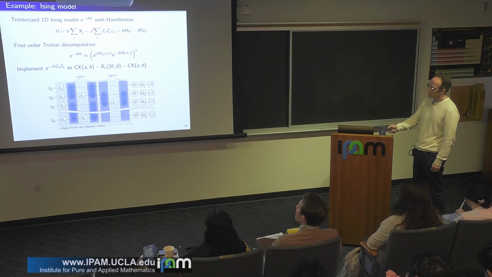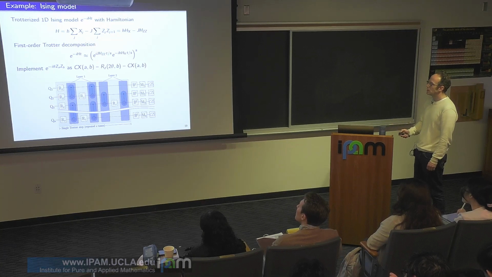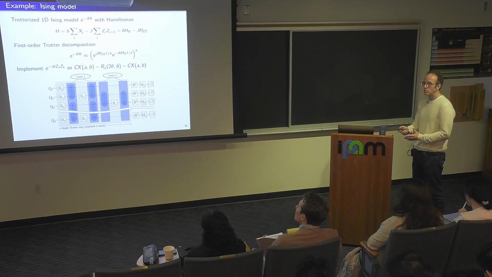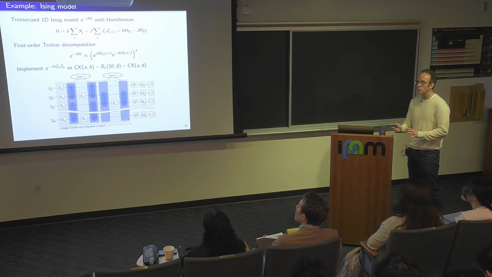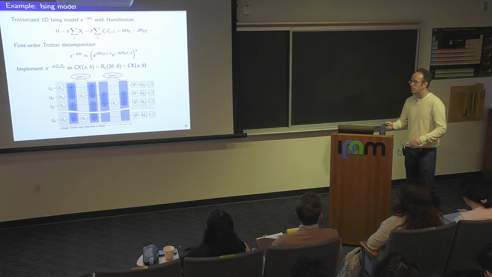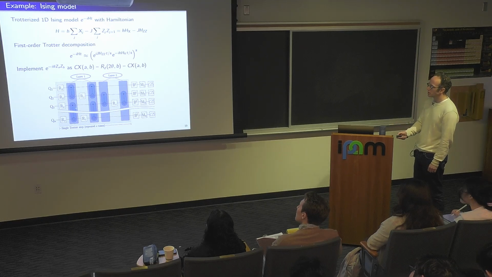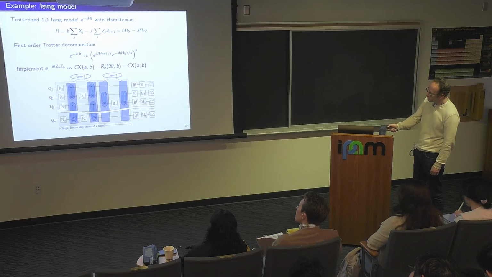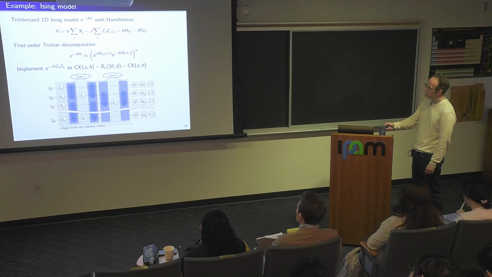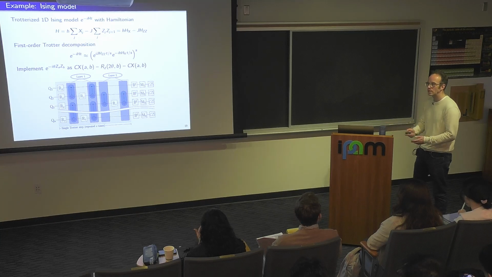This is the first one, they're identical, and these are identical. So we just need to learn the noise for these two layers, and then we can apply PEC on this circuit. This whole block is one element of this Trotter decomposition, and we repeat this S times to get our evolution.